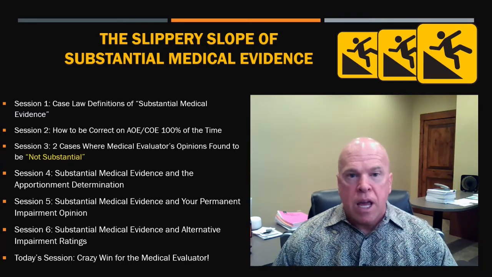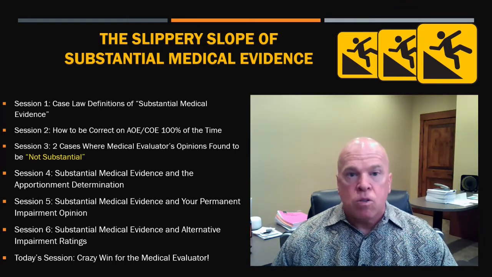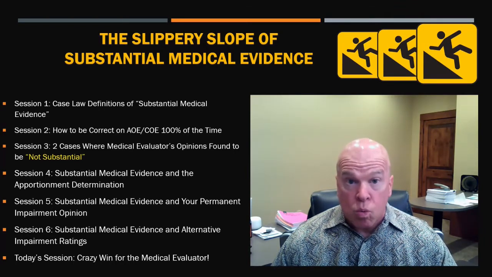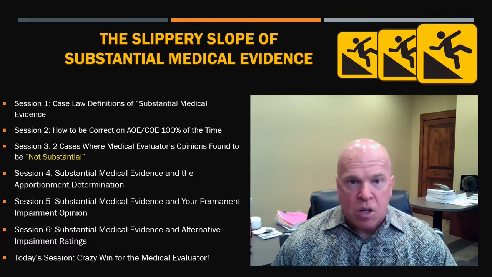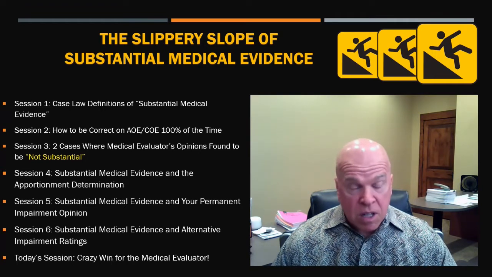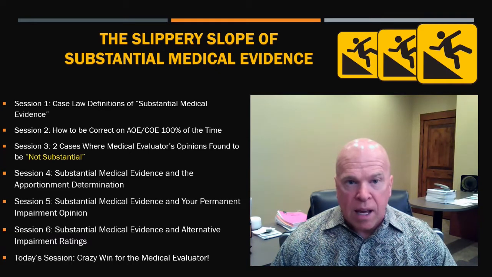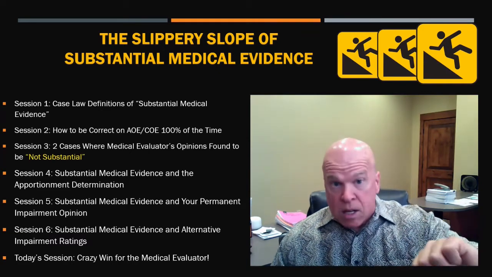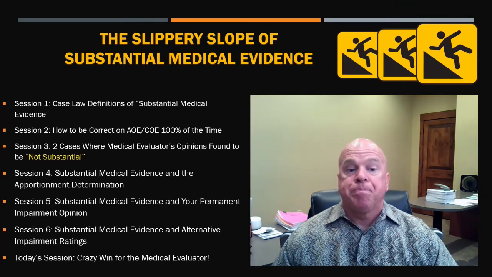And this is where your AOE COE determination has to be correct every single time. It has to be correct. You do not want to make the wrong decision on AOE COE ever. And I showed you how you can be correct every single time if you just follow the system of qualifying your opinion either for or against industrial injury as a substantial opinion.